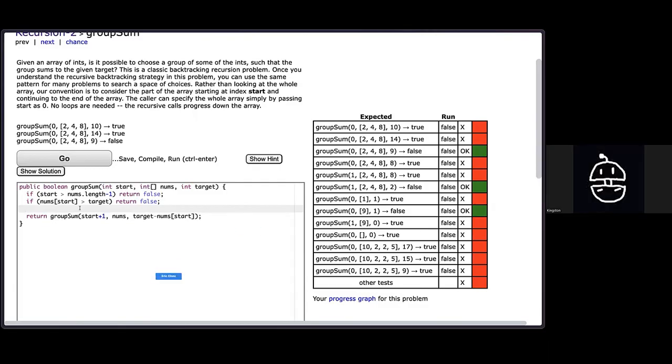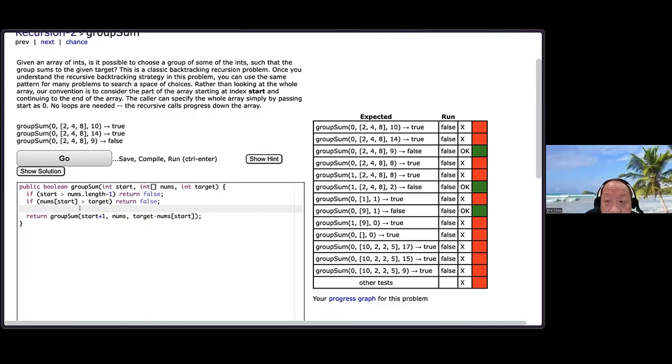Let's assume that initially you do group sum 0, you get started from group sum 0, and then your nums is still nums, and then you have target, right? You try to check these.